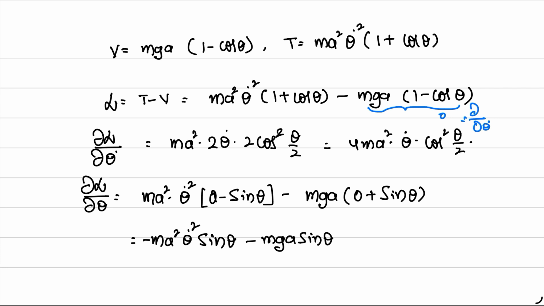This is the value of dou L by dou theta, which is minus ma square sin theta into theta dot square minus mGa sin theta.